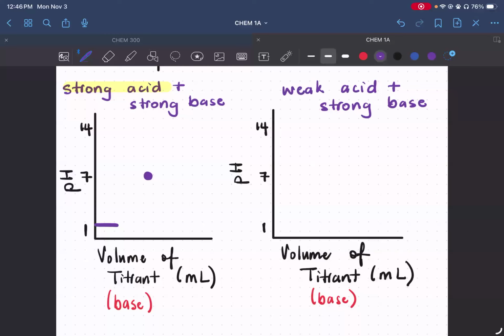Technically speaking, we are allowed to keep adding the base past that point. In reality, you're going to stop at that faint pink, but in theory, you could keep going such that eventually you end up with a very strong base, a pH of around 14.